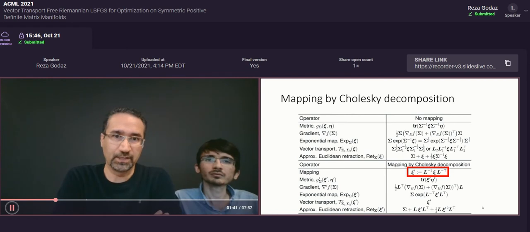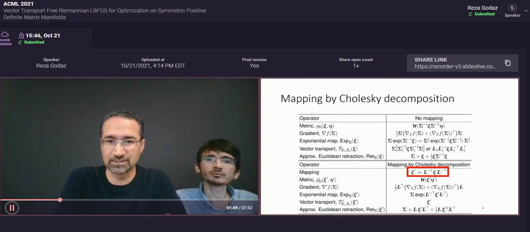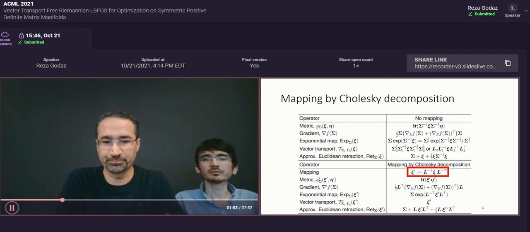Our second mapping is Cholesky decomposition. This mapping is used on vectors in the tangent space of a point, like our previous mapping.